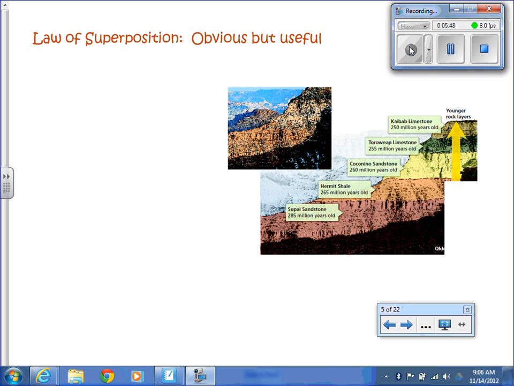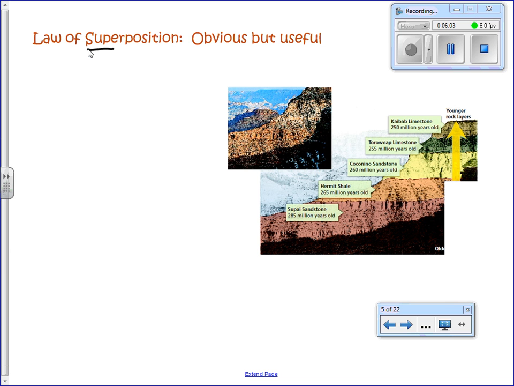Now, we have the law of superposition, which I would call obvious but useful. Can somebody tell me what is the law of superposition? Right, pretty obvious. Super means on top of or better than or newer than, and position.